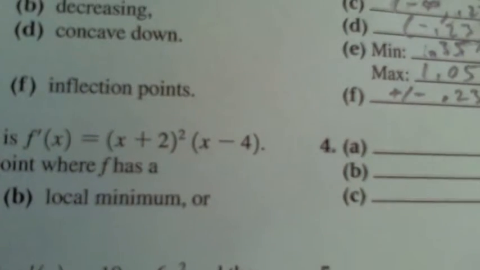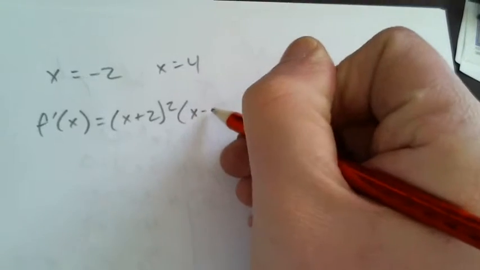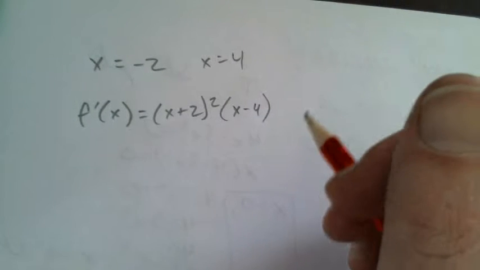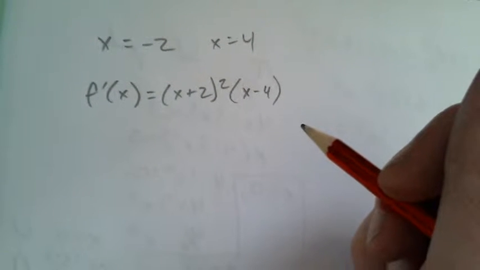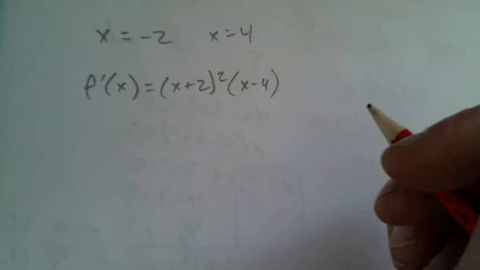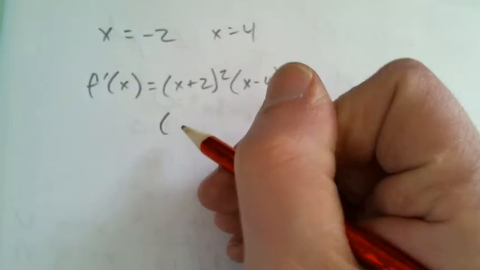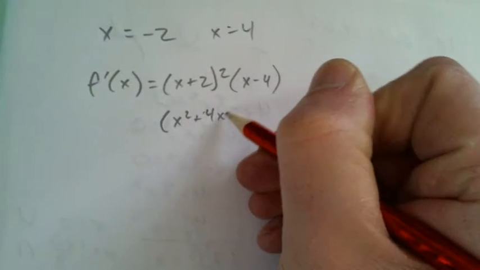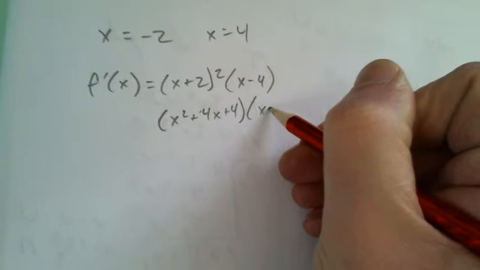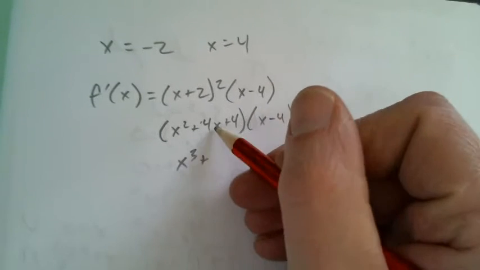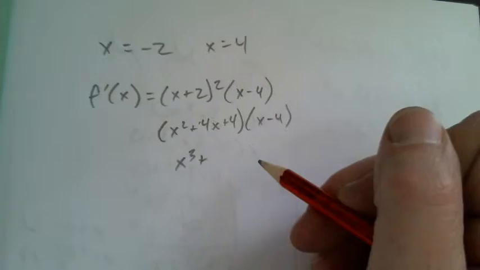So the second derivative of our function, we use the product rule. We'll multiply it up. So this will be x squared plus 4x plus 4 times x minus 4. Then we'll have x cubed plus, 4 and minus 4, so there's no x squareds.